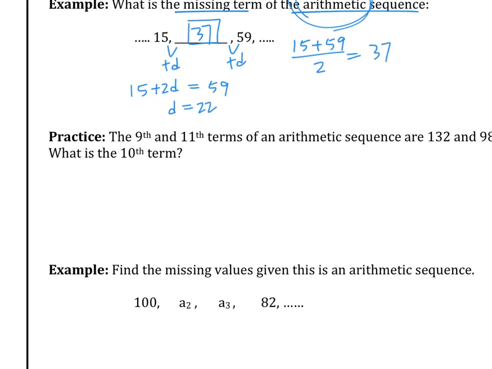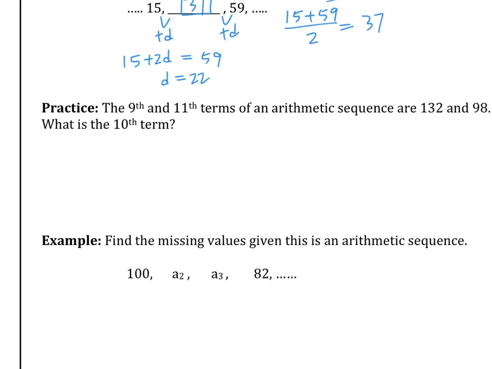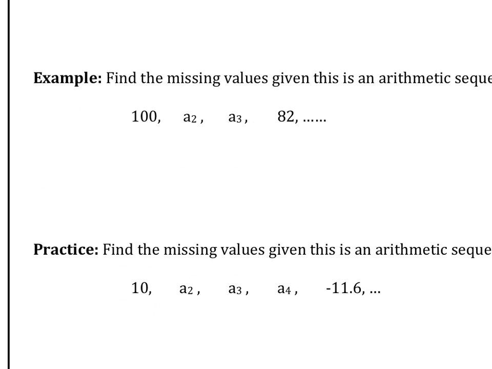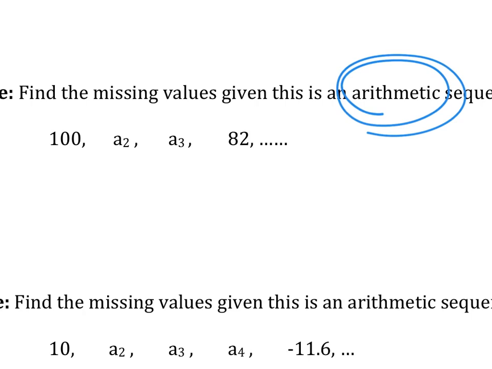All right, so let's try this one. Actually, this one's too easy. Let's try this one. Find the missing value in this arithmetic sequence. This is the key. If it's not arithmetic, we have to do something different. a2, a3. This is arithmetic. Arithmetic tells you what? Add or subtract to get to the next number.